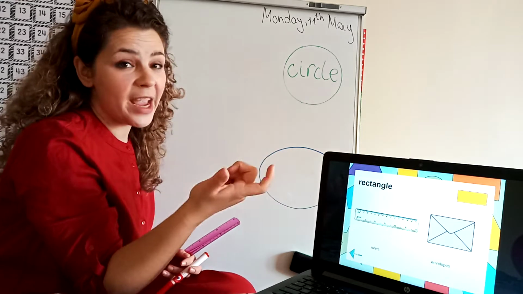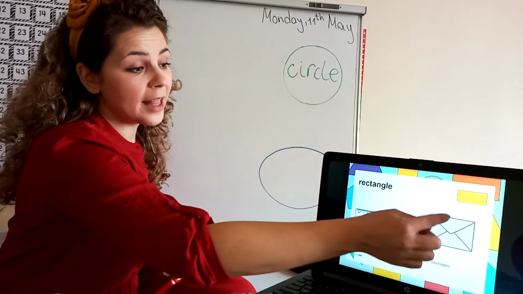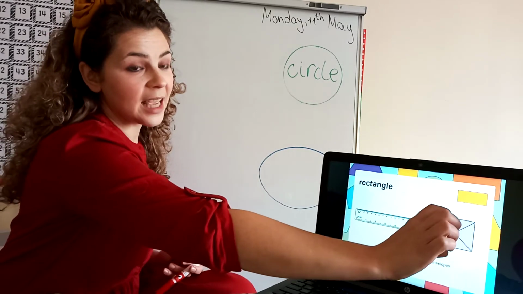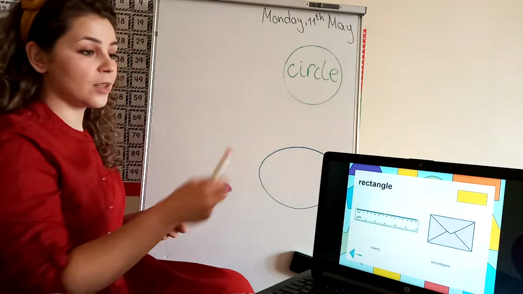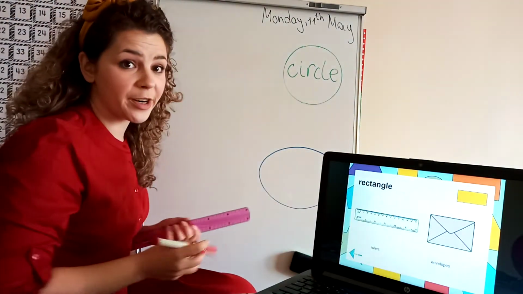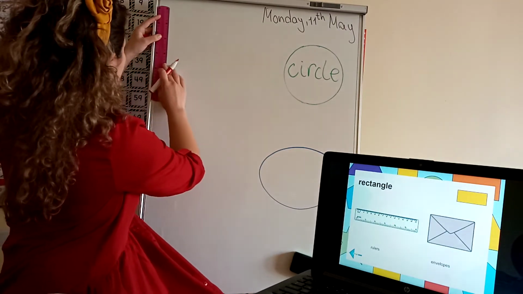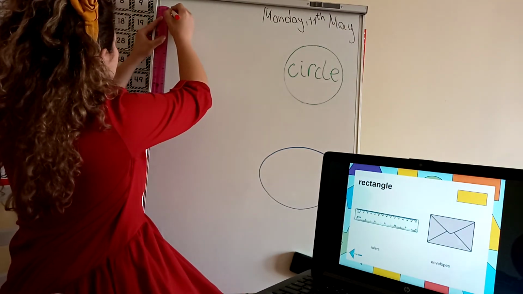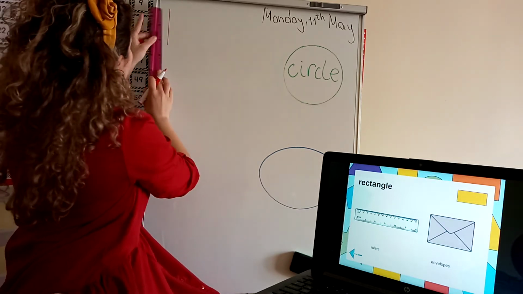It has 4 sides, and they come in pairs. This pair of sides has the same length, and this pair of sides has the same length, but not all of them together have the same length. One pair is longer, one pair is shorter. So I'm going to do it like this. I'm going to draw, let's say, 12 centimeters.